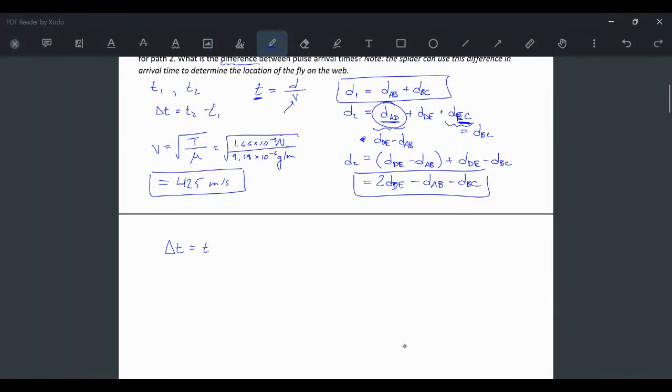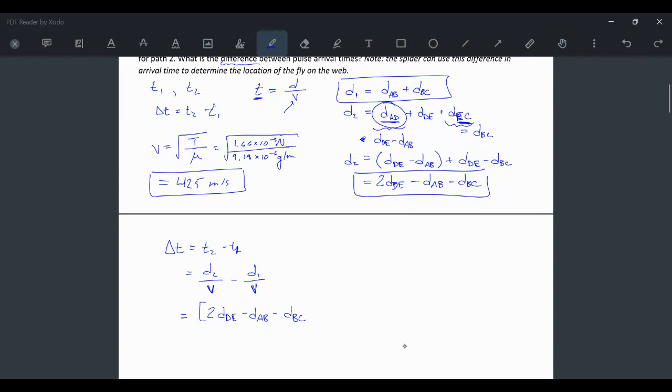So the time difference, like I said at the start, is the difference between the travel times along both paths. T2 is just going to be equal to D2 divided by the velocity. T1 is just going to be equal to D1 divided by the velocity. So for D2, we're just going to rewrite what we had above. And we will find that this V is the same in both cases.